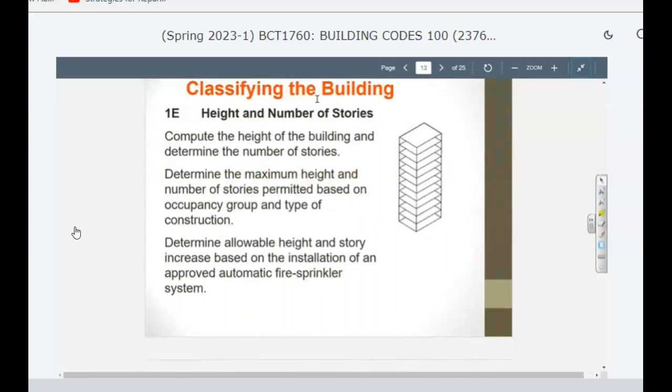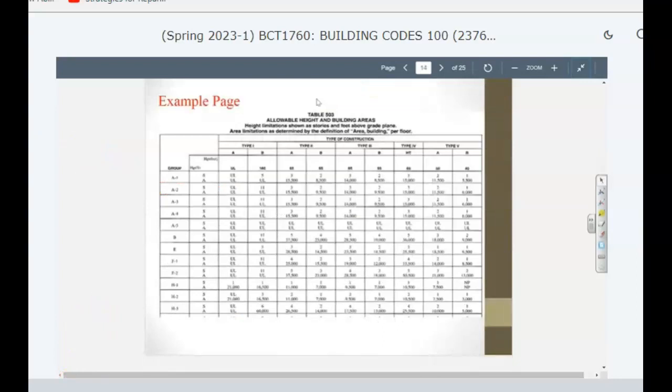The height and number of stories: you compute the height of the building and determine the number of stories. Determine the maximum height and number of stories permitted based on the occupancy group and the type of construction. Determine allowable height and story increase based on the installation of an approved automatic fire sprinkler system. So anytime you want to go larger and you have to be safer, they're going to include this fire sprinkler system.